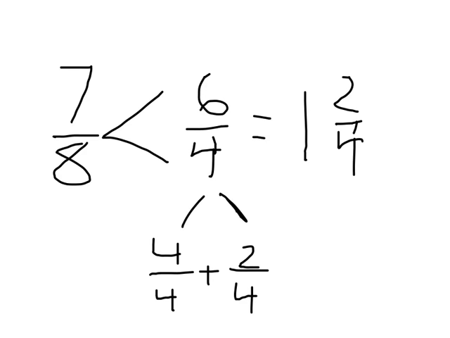Now let's look at it on a number line. This is where we're going to see this for the first time. We're going to change our benchmarks, and we're going to have 0 over here, 1 in the middle, and 2 over here.